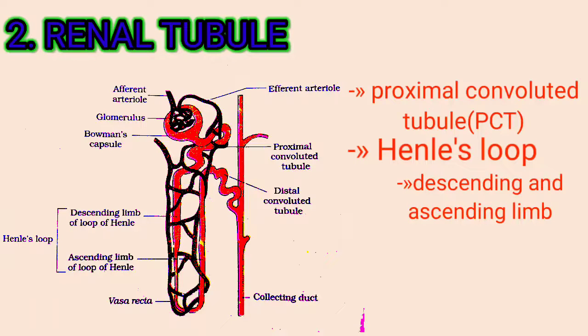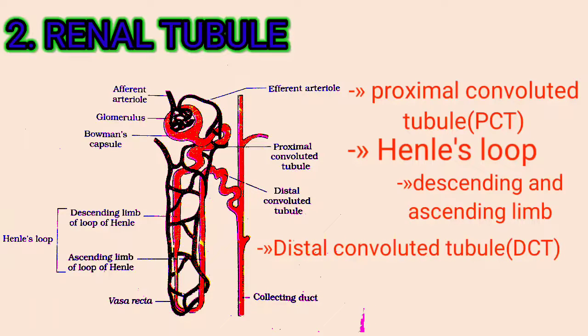The descending limb goes downwards and the ascending limb goes upwards, and the proximal part of the ascending limb is thin and the distal part is thick. The thick ascending limb is continuous with the distal convoluted tubule, called DCT.